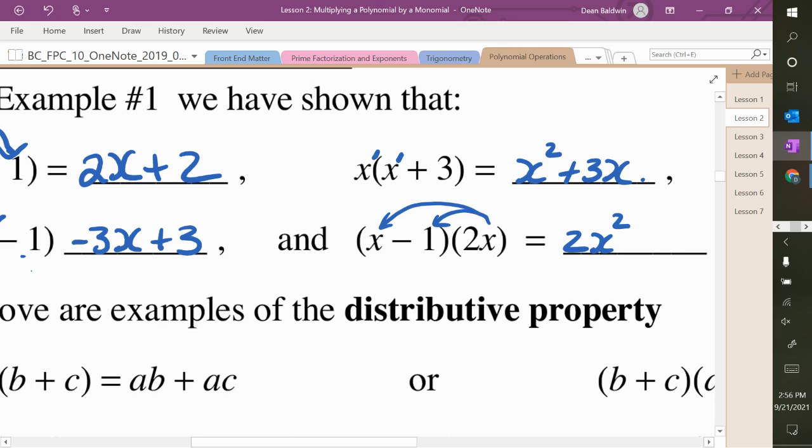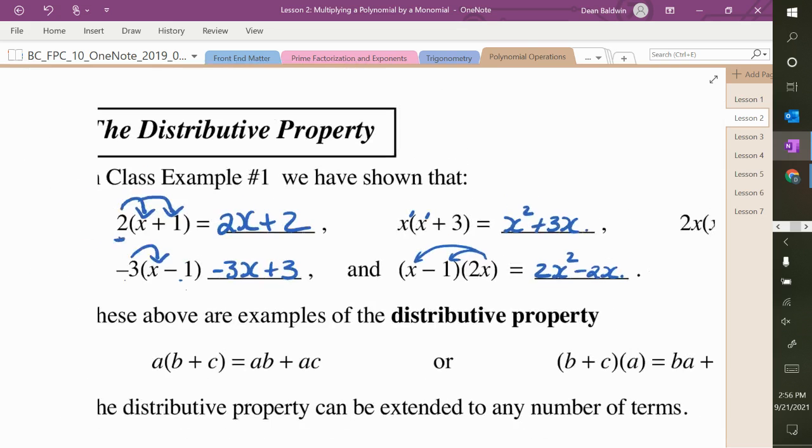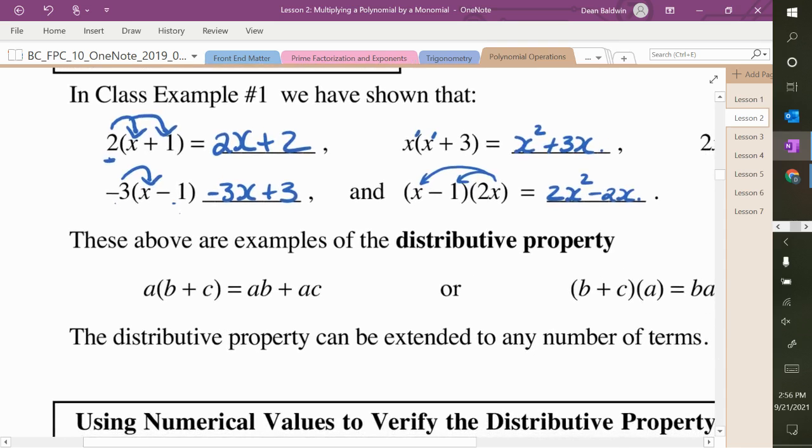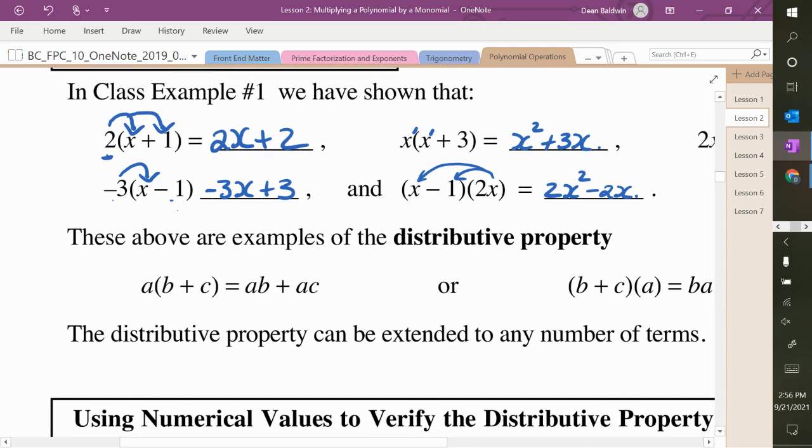So it's 2x squared. 2x times negative 1 is negative 2x. You only add the exponents when you multiply. All right.